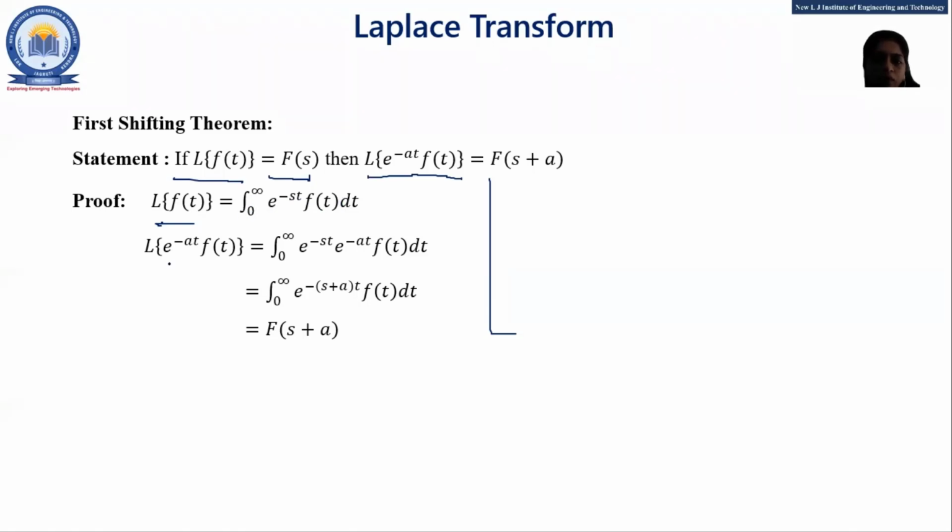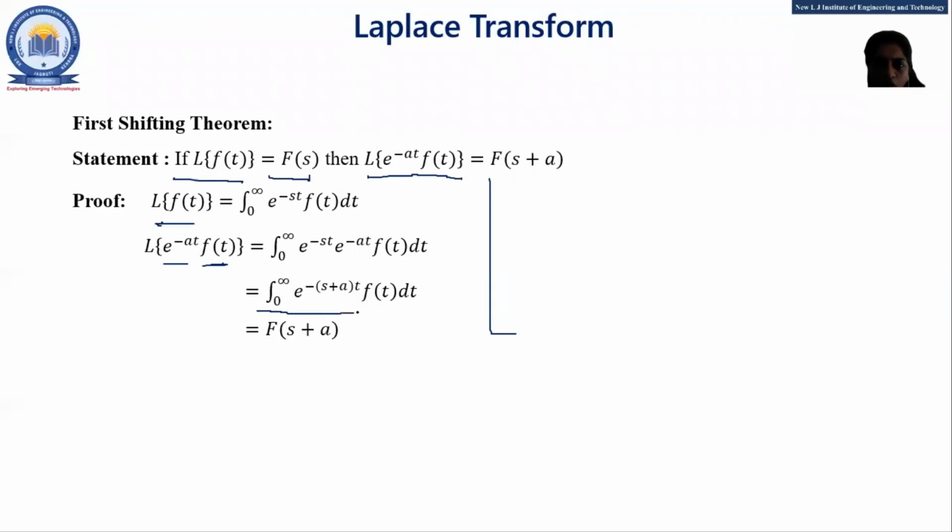So if we have an exponential term multiplied with this function, listen carefully everyone, then it is e raised to minus st, e raised to minus at f of t dt, right? Here our function is e raised to minus at, and if I take minus common, it is e raised to minus s plus a into t, f of t dt.